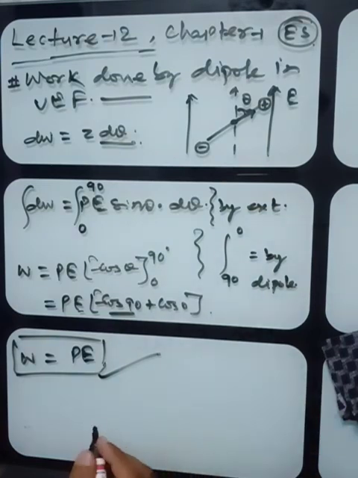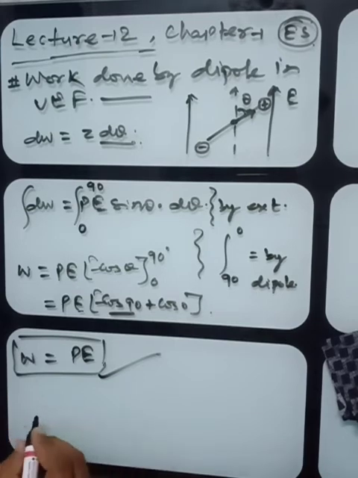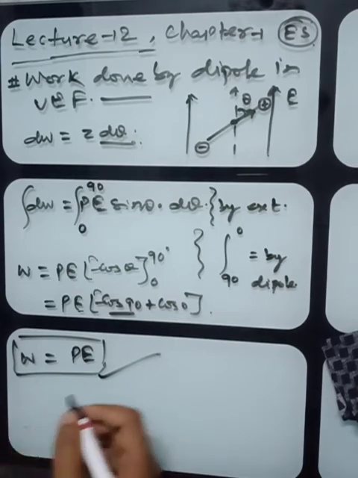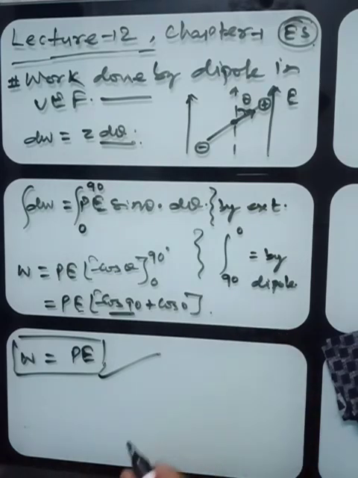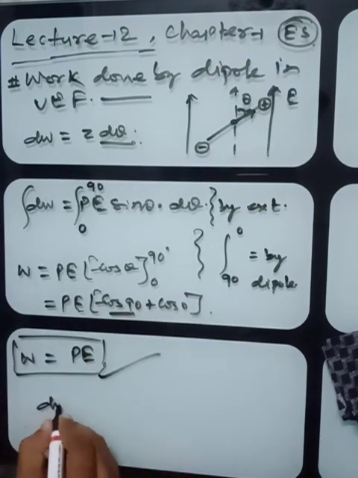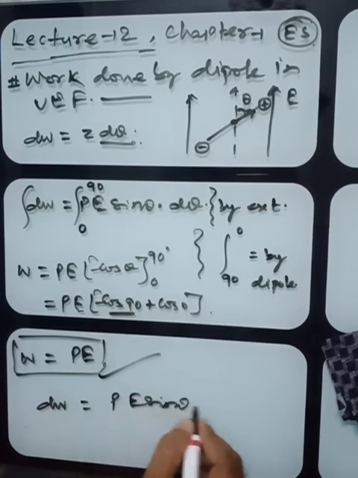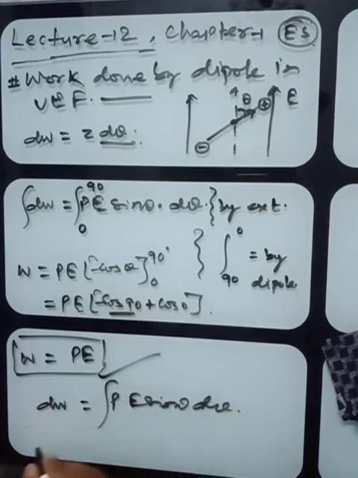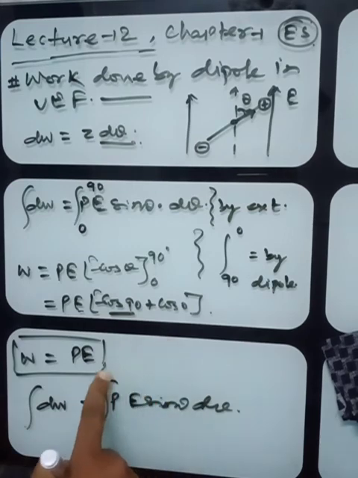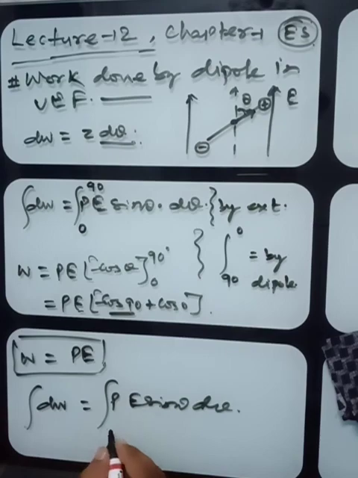If you are asked to find the work done from 0 to theta, that is the work done by the dipole, or by the external agent, for a very small angle, you can integrate dW as pE sin theta d theta from 0 to theta.